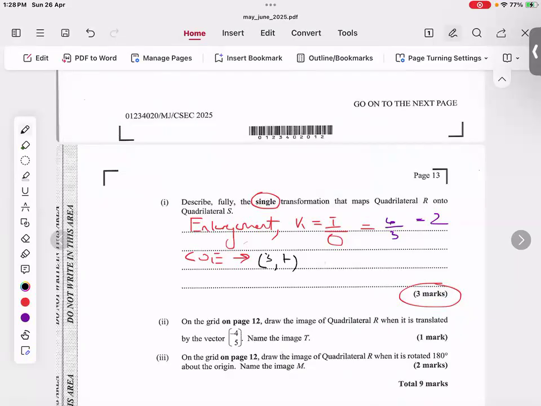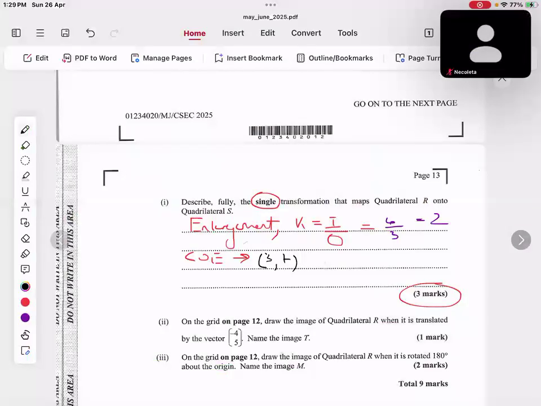Quadrilateral R maps onto quadrilateral S. Describes a positive enlargement of scale factor 2, about the point 3, 7.